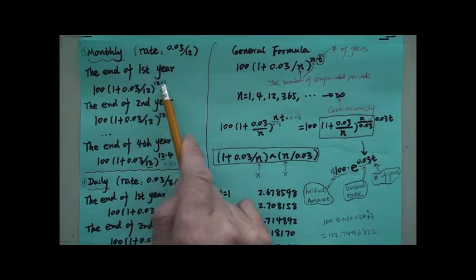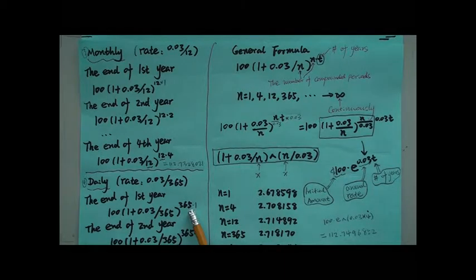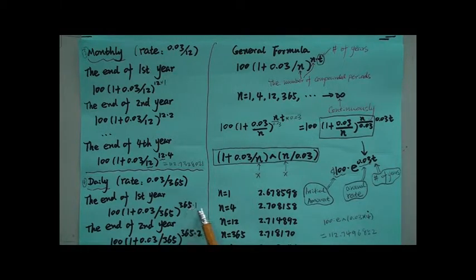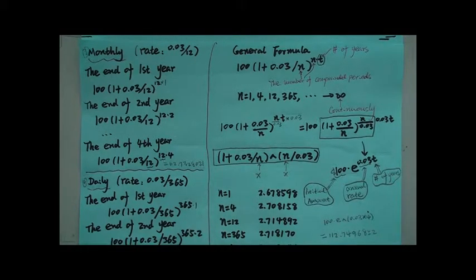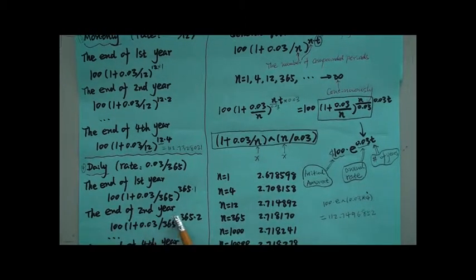Here is 12 months. And here is 365 days. So for the end of the first year, you may multiply this 365 by 1, or you may leave it. That's the exponent. At the end of the second year, that would be 100 times 1 plus 0.03 over 365 to the 365 times 2.